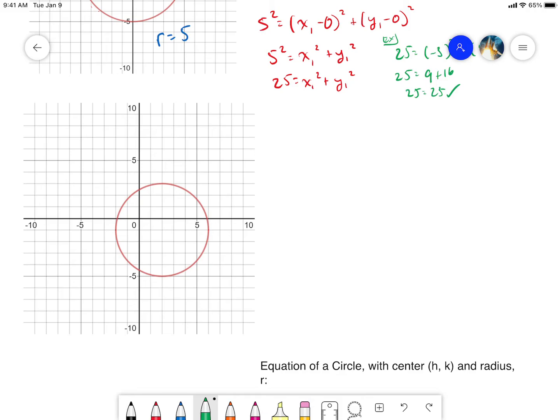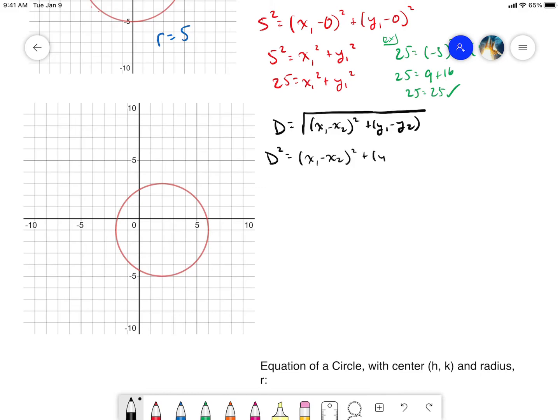Again, I want to try to find the distance from whatever the center point is to any point on the circle. Again, we can rewrite this as d squared is equal to (x1 - x2) squared plus (y1 - y2) squared.